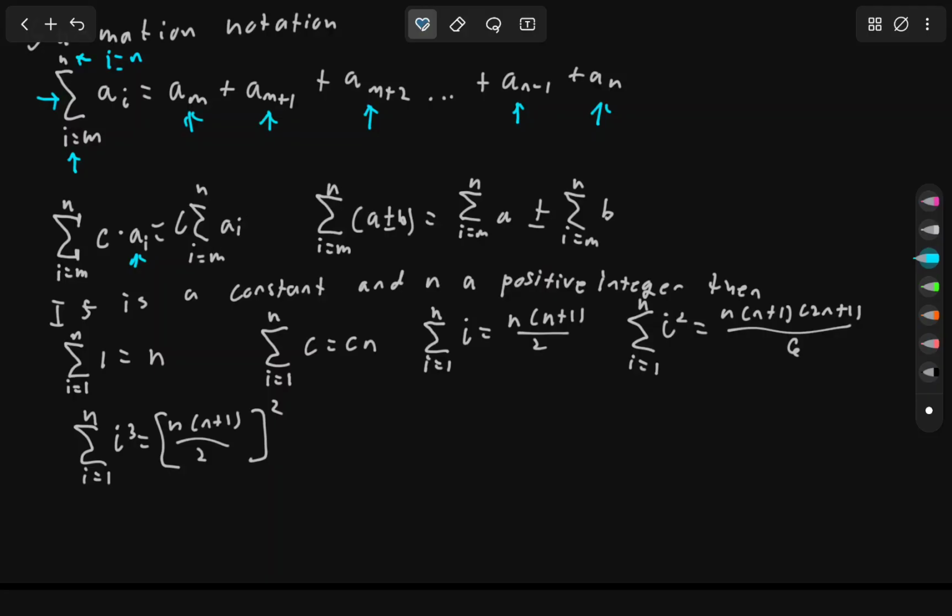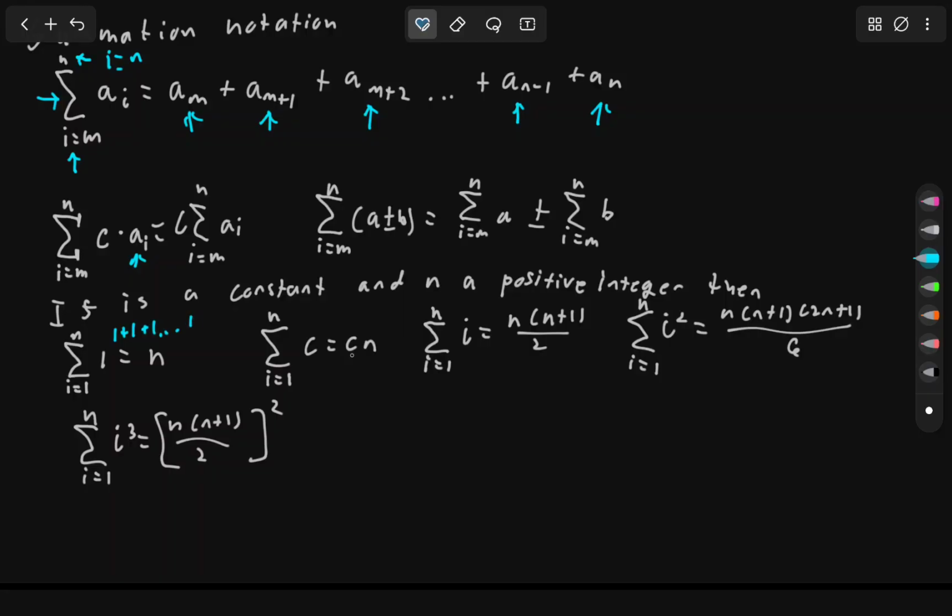If we have two things being added or subtracted, let's say we're taking the sum of a plus or minus b, then it's going to be equal to the sum of a plus or minus the sum of b. Alright. Well, now if c is a constant and n is a positive integer, then we can say the following. The sum from i equals 1 to n of 1 is equal to n, because we're adding 1 n times.